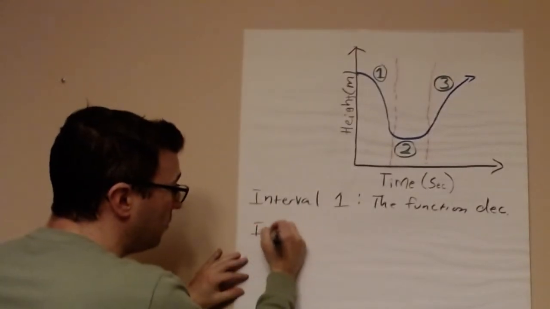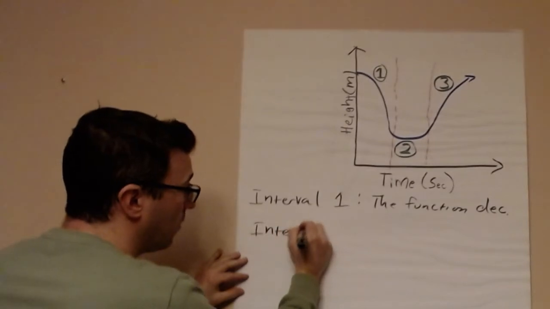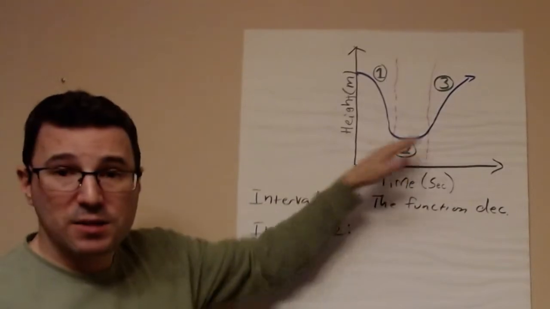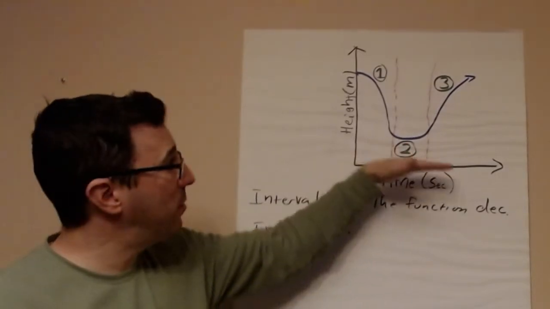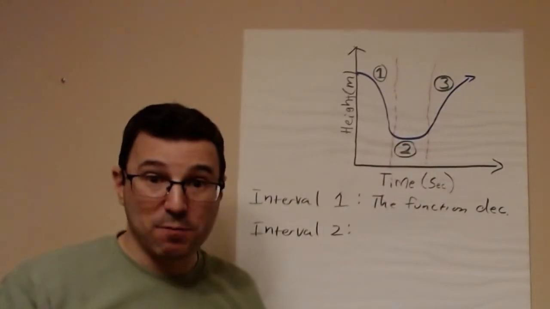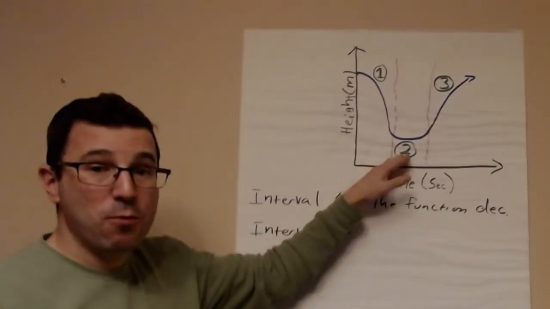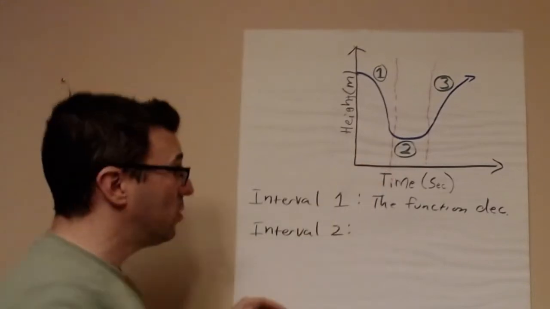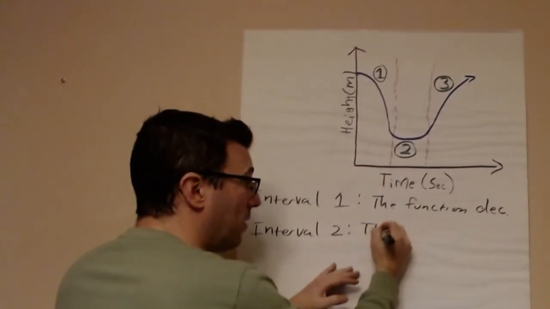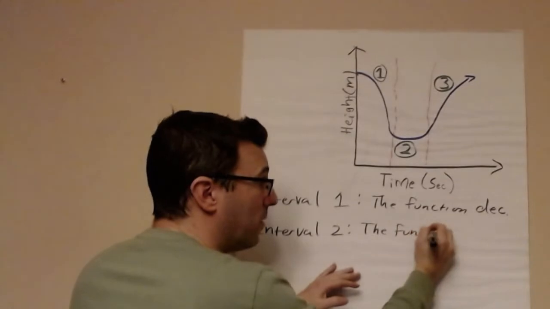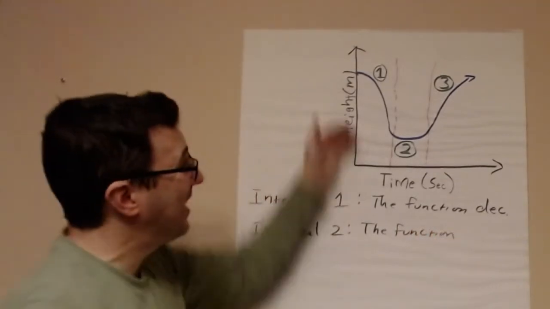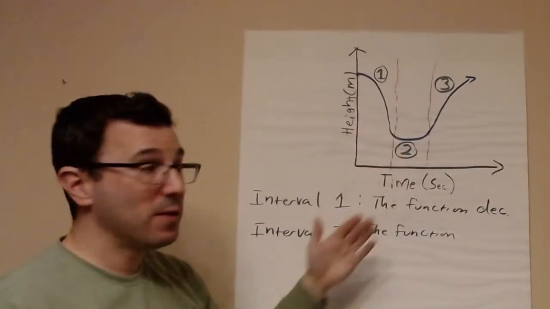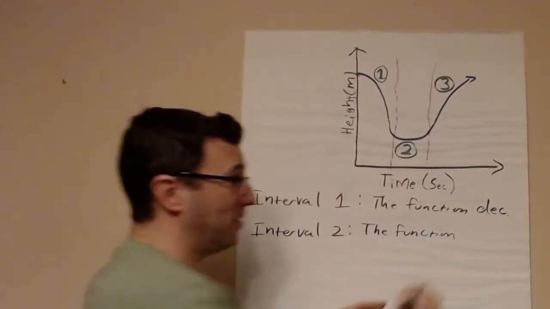In interval 2, we look and it's flat. It's completely flat, or at least I've tried to make it completely flat. At this point, there is no change in the height whatsoever. So at that point, the function is no longer decreasing and it's not increasing, so it's constant.